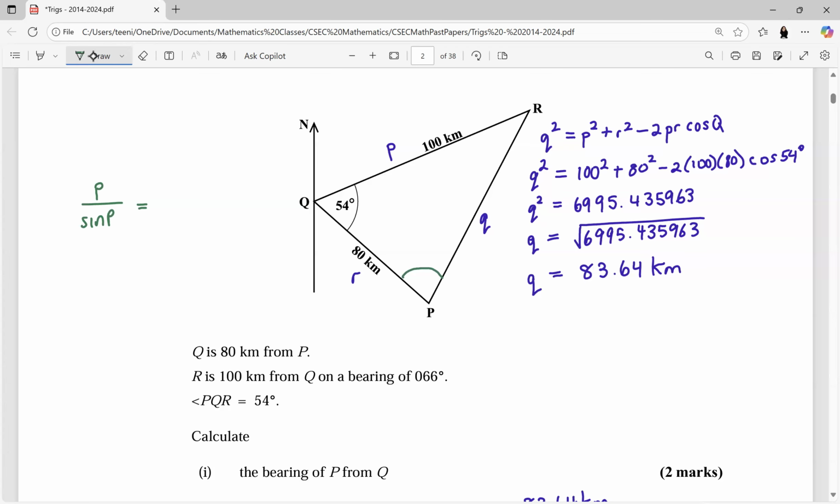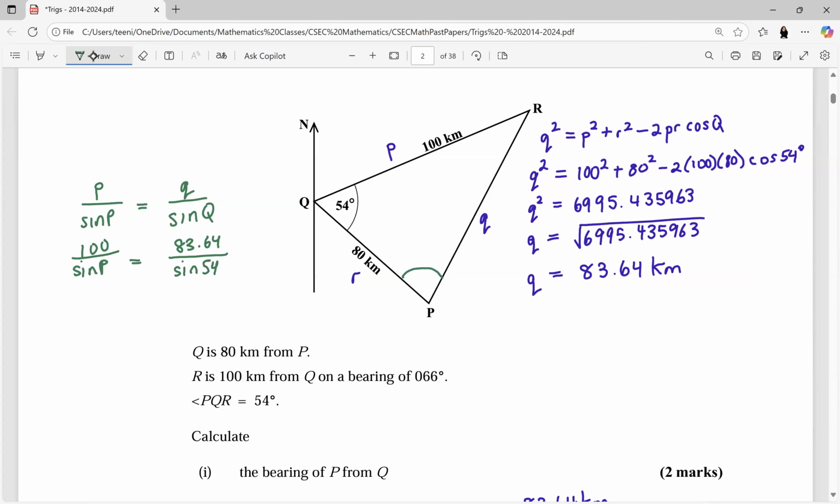So P over sine P is equal to Q over sine Q. All right, so that would be P, which is 100, over sine of P, which is what we're trying to find, is equal to Q, which is 83.64 over sine of Q, which is sine of 54 degrees.